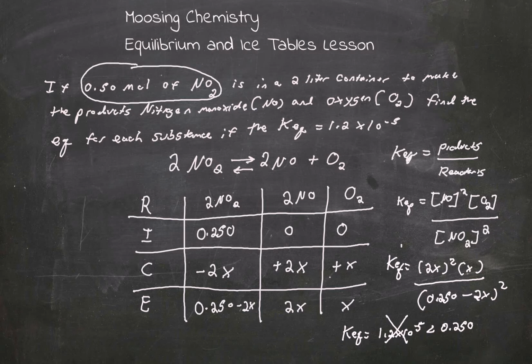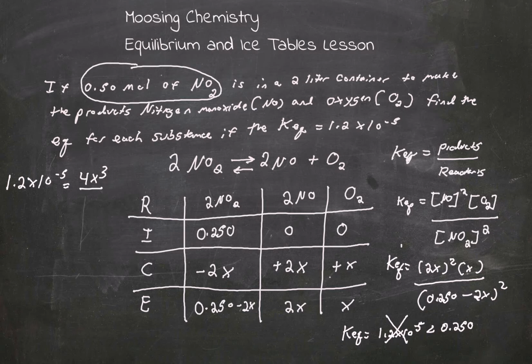So let's go ahead and carry this over to the left side here. Now we're going to put the KEQ value, 1.2 times 10 to the negative fifth, equals, now 2x squared is 4x squared times x, so that gives us 4x cubed on the top.